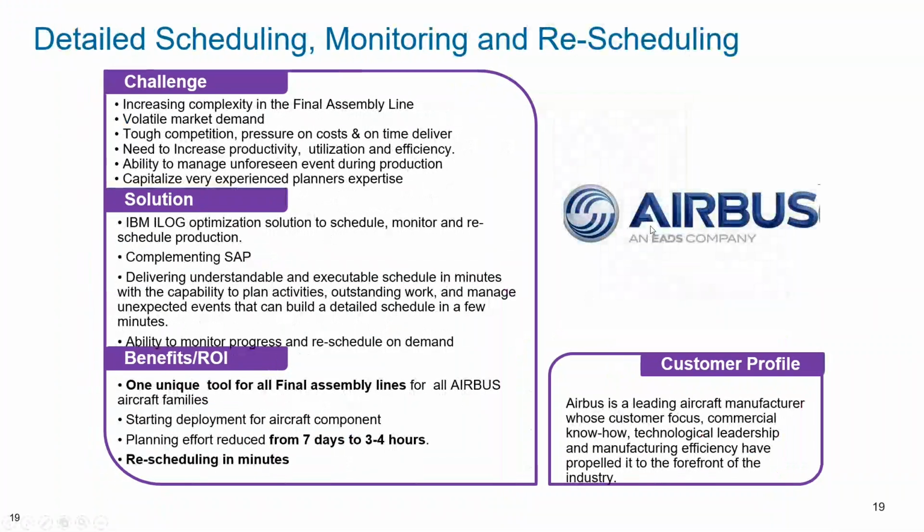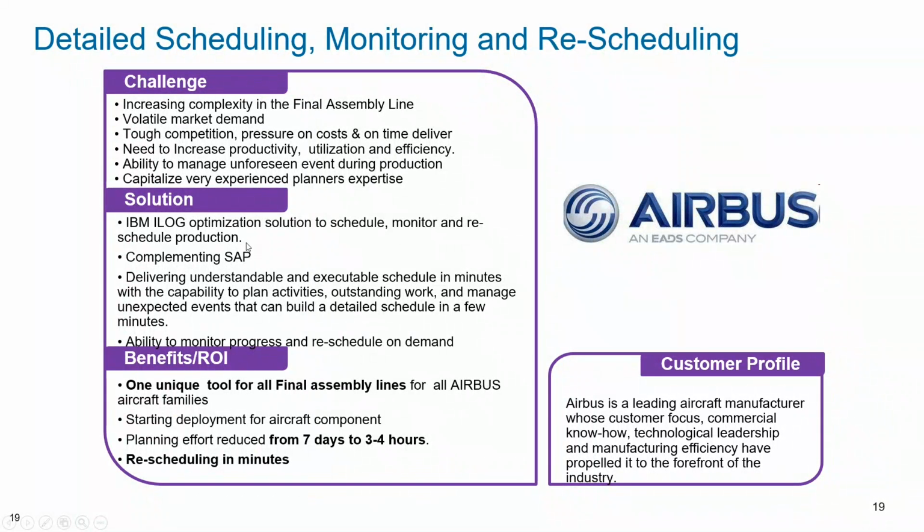Again, Airbus. The challenge was they had increased complexity in the final assembly line. The market demand was volatile, there was tough competition from Boeing, there was pressure on costs and delivery time. They need to increase the productivity utilization. What is the solution? With ILOG optimization, the solution now is on scheduling and monitoring and rescheduling the production.